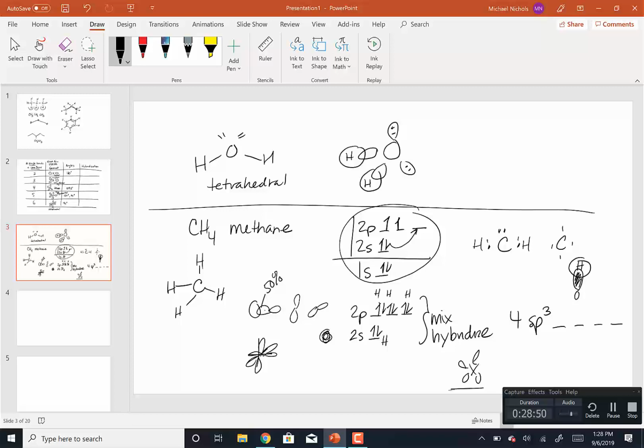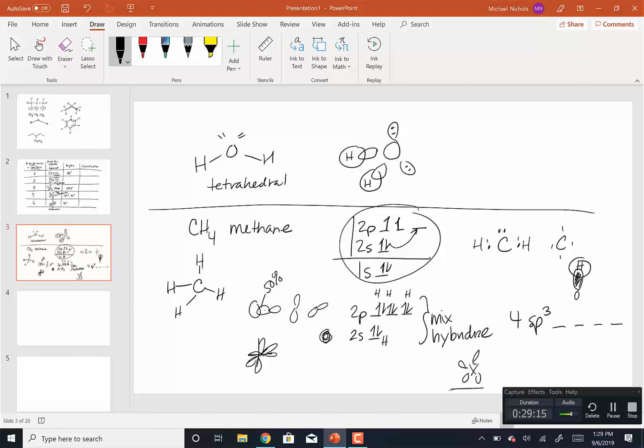Okay. And honestly, why do we hybridize? Because that's what it does. Right? I mean, this is what happens. Okay. So that's the way the orbitals overlap. All right. Still kind of with me?